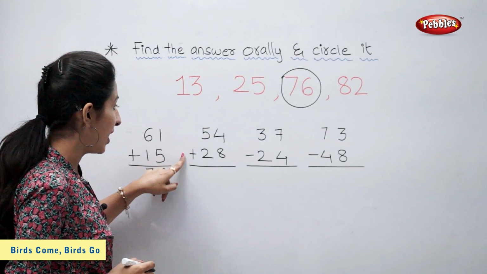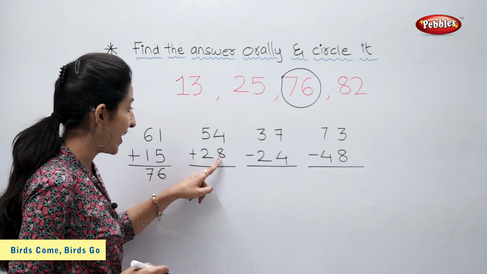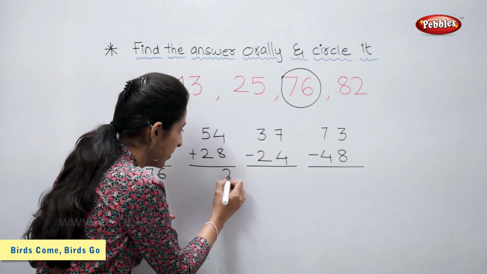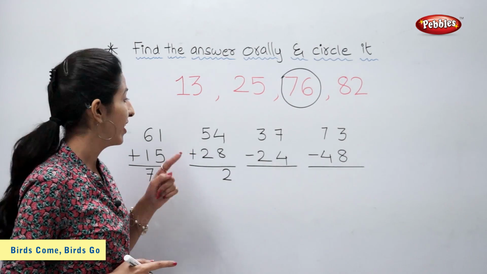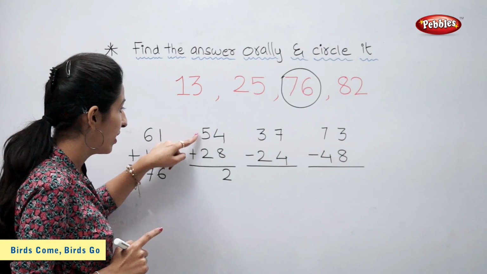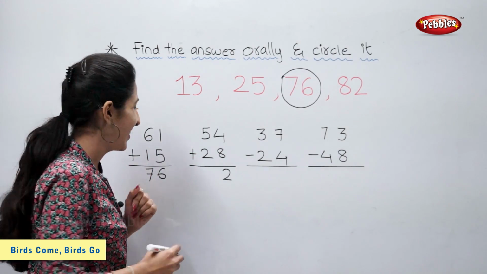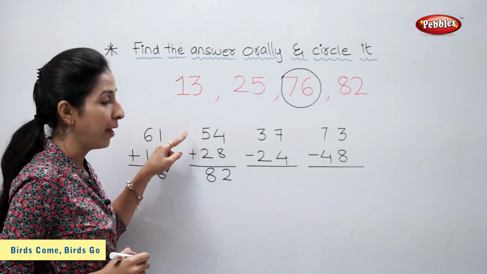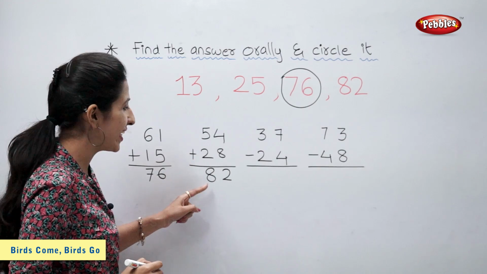54 plus 28. 4 plus 8 is 12. So 2 here, 1 carry forward. Carry forward 1 plus 5 plus 2 is equal to 8. So 54 plus 28 is equal to 82.